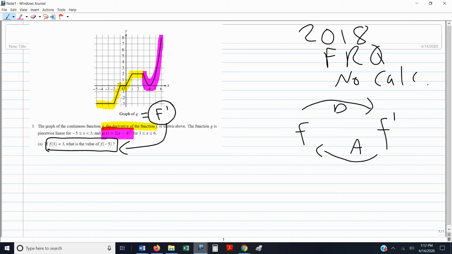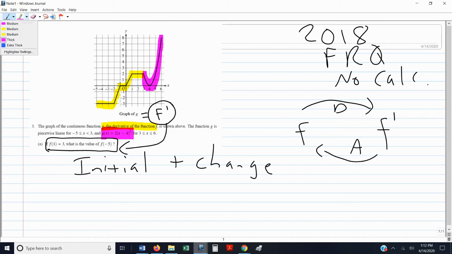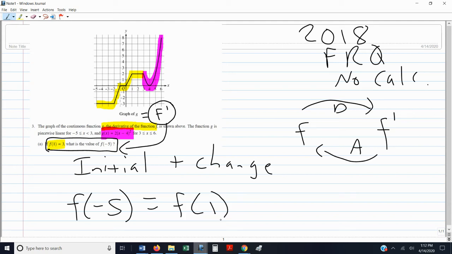And I think I'm going to stick with what we've been doing all year, which is the initial plus change formula. The initial is f of 1. So I'm going to write f of -5. That's what they're trying to get us to figure out, f of -5. My initial is f of 1, and then plus my change.